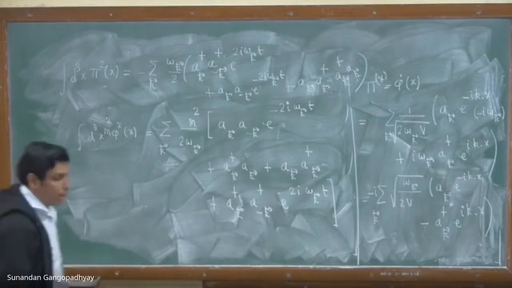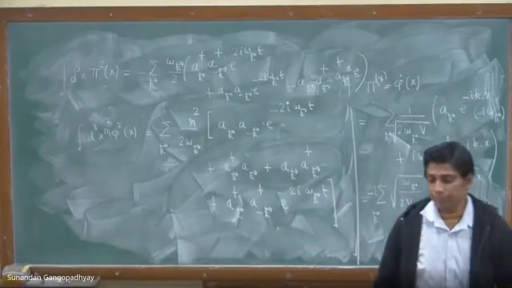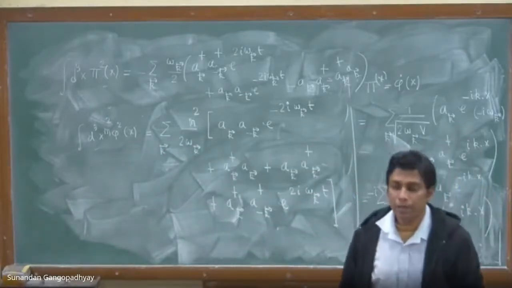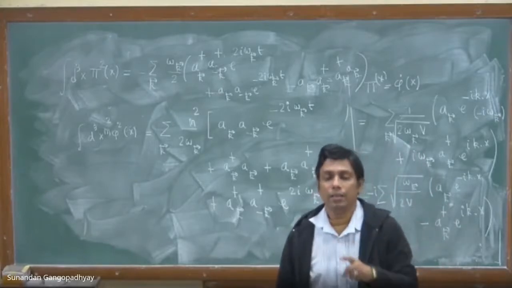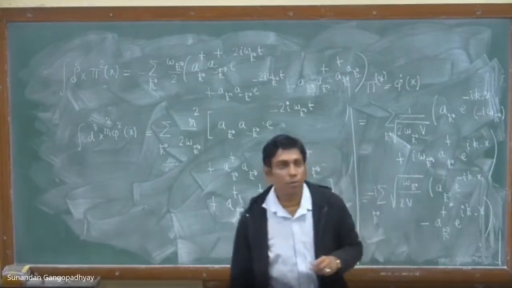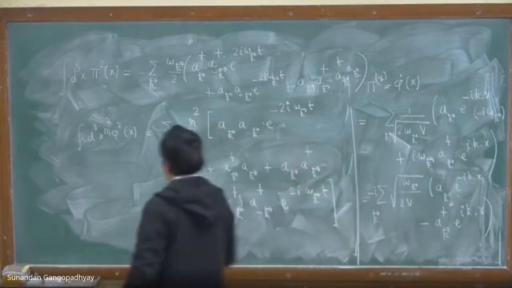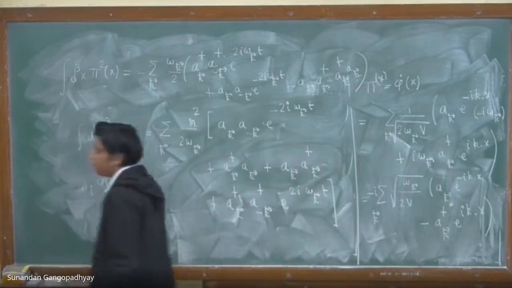Okay? And then if you notice carefully, there is one more term in the Hamiltonian operator, and that is the integral over del i phi x whole squared. For that, what you have to do? You have to calculate what del i phi of x is.